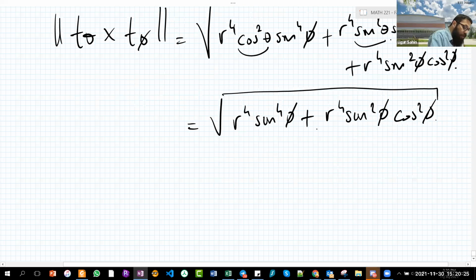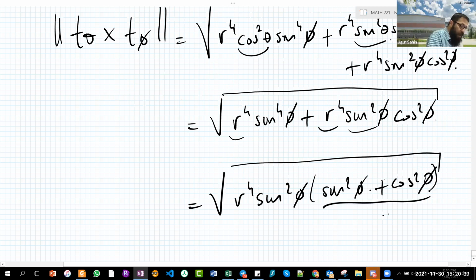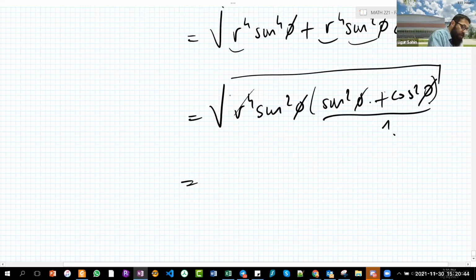The r to the 4 terms and the sine square phi terms are common terms. R to the 4 sine square phi times sine square phi plus cosine square phi. You see, this is also 1. And then you can just cancel the square root. You are going to have left r squared sine phi.